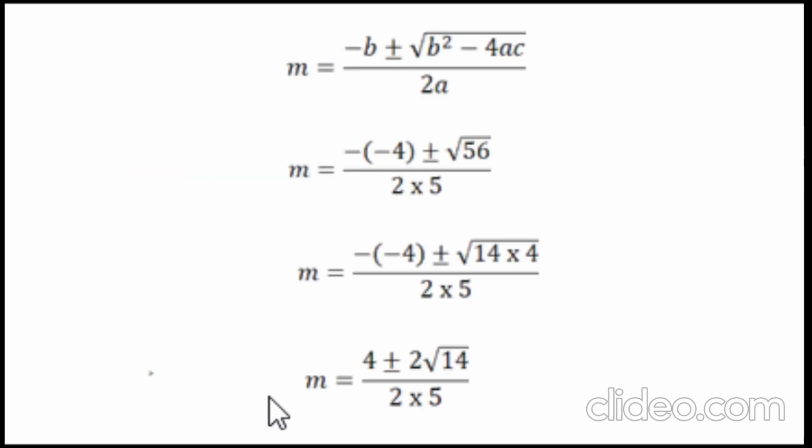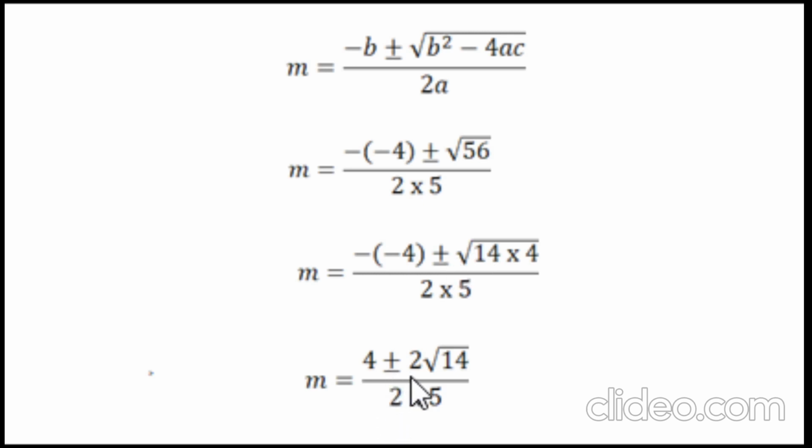Then the formula is m is equal to minus b plus minus square root of b square minus 4ac upon 2a. Then m is equal to minus minus 4, it becomes plus 4. 56 can be written as 14 4s are 56. Then this 4, when it comes out of the square root, its root comes out.